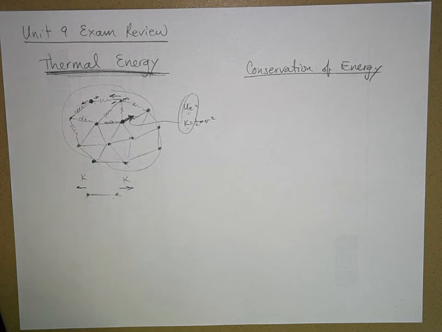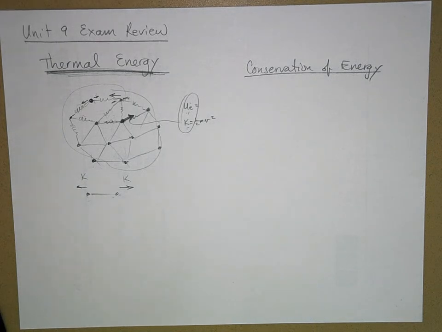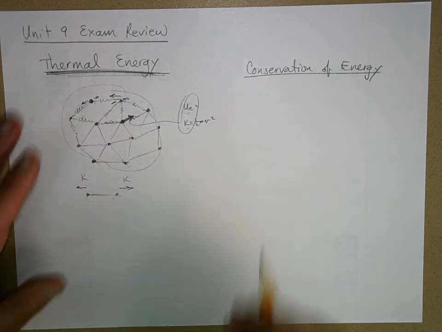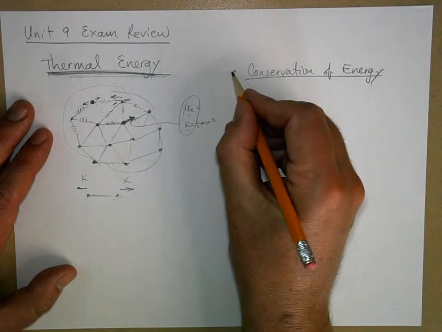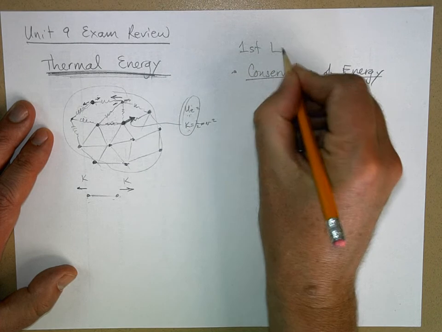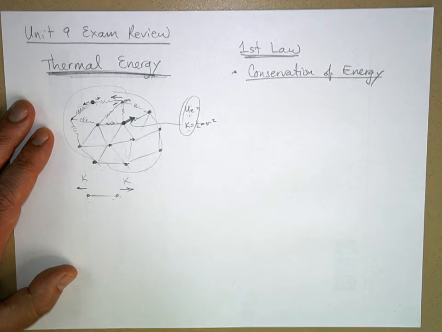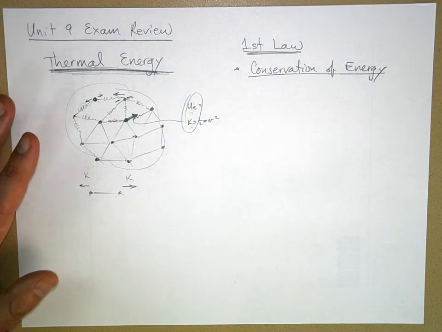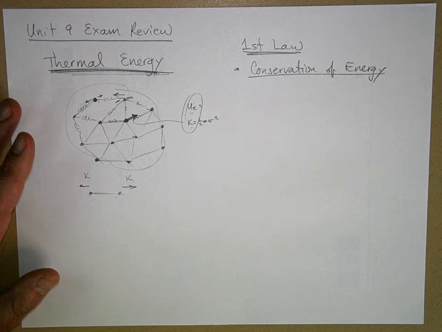We can change the amount of a certain type of energy, but that energy has to be turned into a different way of existing. And so it still exists in the universe. This is the first law of thermodynamics, conservation of energy. Energy cannot be created or destroyed.